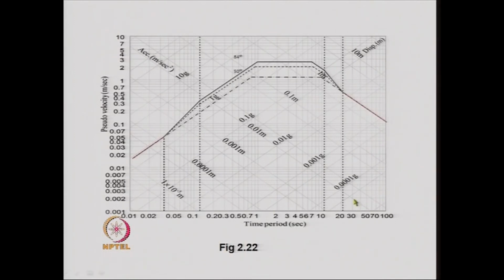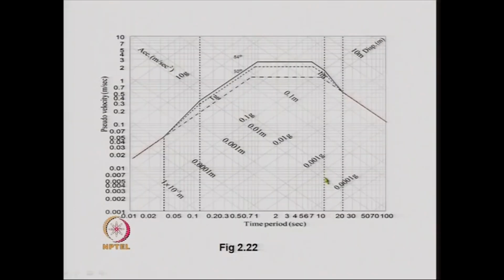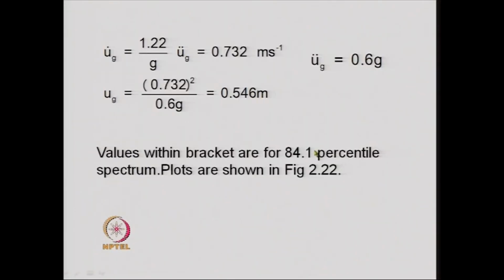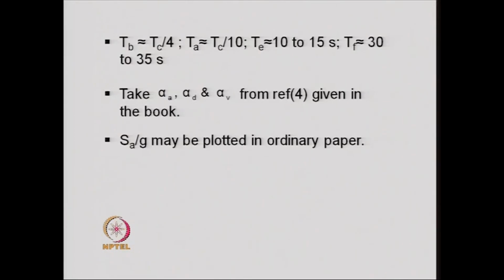Generally, the TC value may be given, and from the TC value one can obtain the other values, that is TA, TB, etc., using the approximate relationship that was given. Once you know this approximate relationship, one can obtain the values of TB and TA.